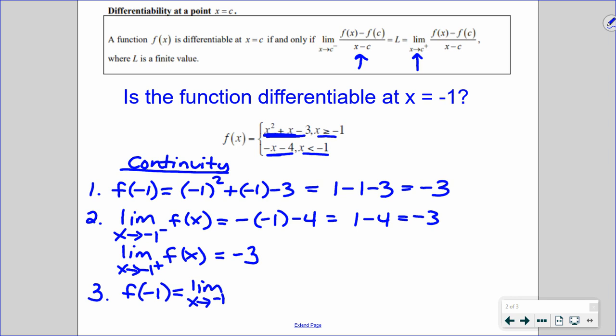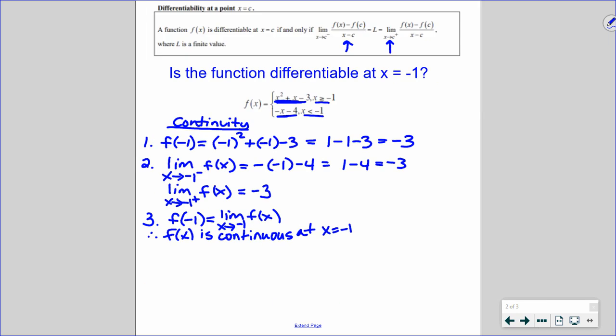Notice this is my two-sided limit now. Okay, which I know equals -3 based on the one-sided limits. So therefore we know f of x is continuous at x equals -1. All right, so since the continuity checked out, we're now going to have to test differentiability.